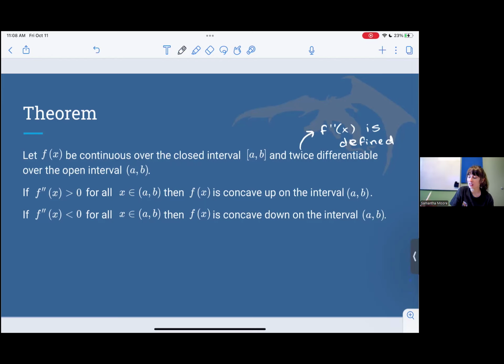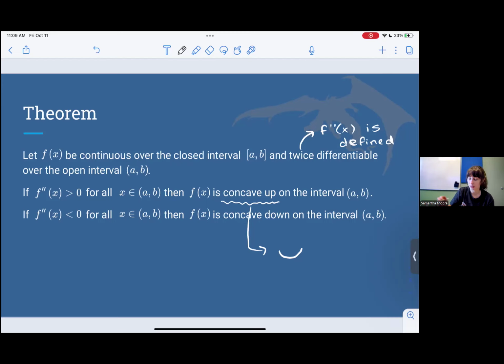Okay, so if f double prime of x is positive for all x between a and b, then f of x is concave up, and that just means that the shape is upwards. I think concave up like a cup. So whenever f double prime is positive, then our original graph is concave up like a cup.